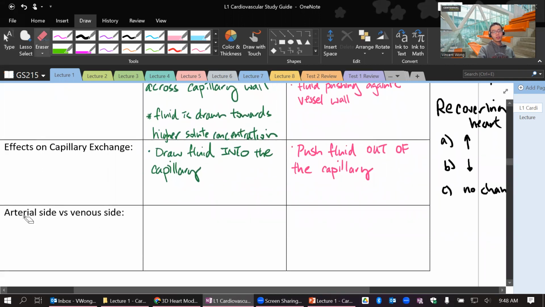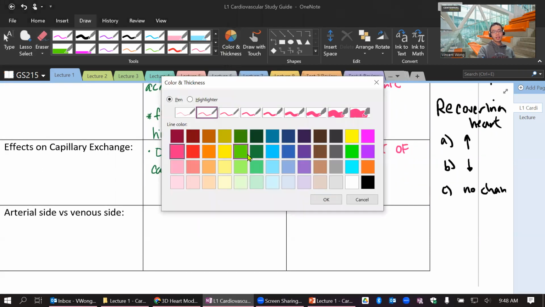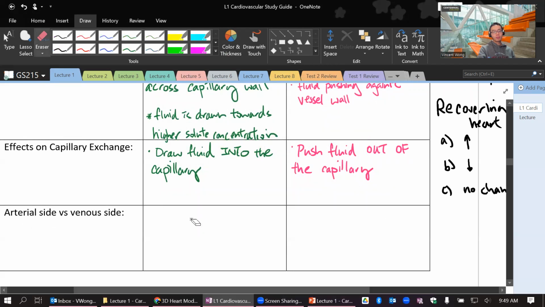Let's take a look at the arterial side versus the venous side. For osmotic pressure, which side is higher? Is it the arterial side or is it the venous side? What do you think for the osmotic pressure? The green arrows, which side is higher? Same. Yes, you didn't get tricked. Very good. It's the same on both sides.